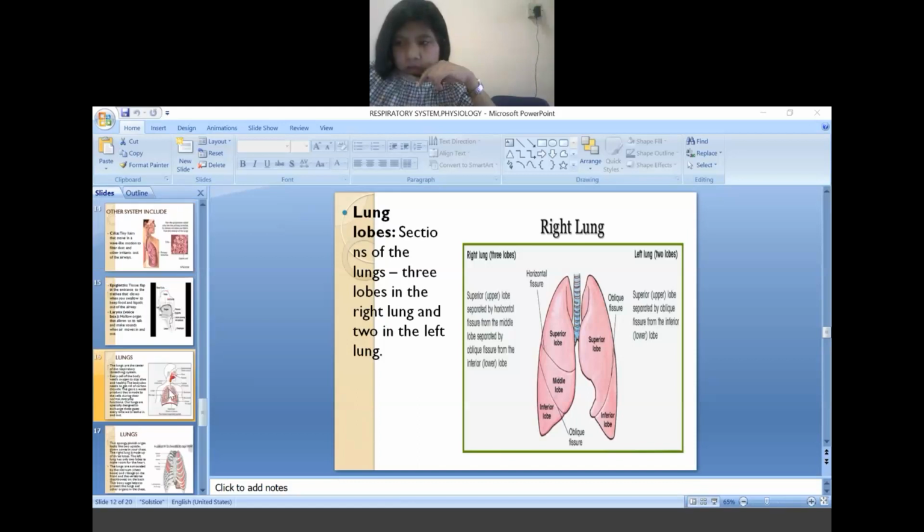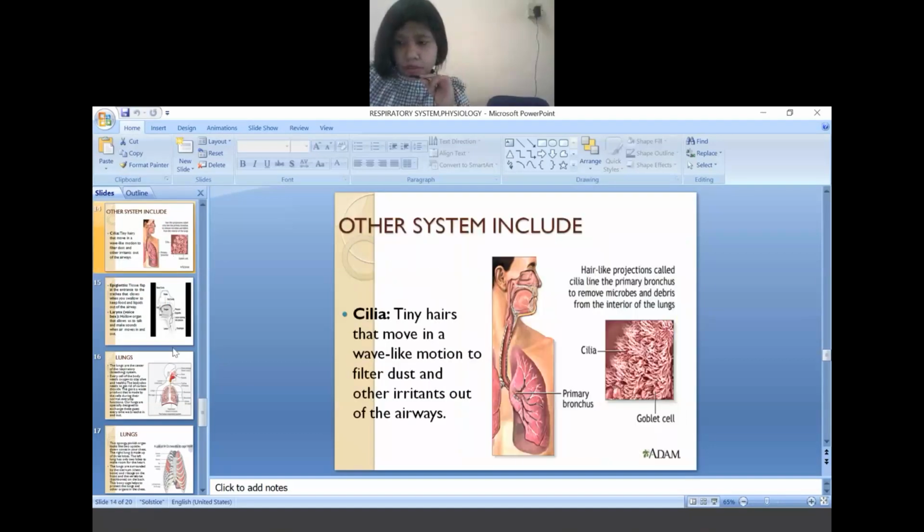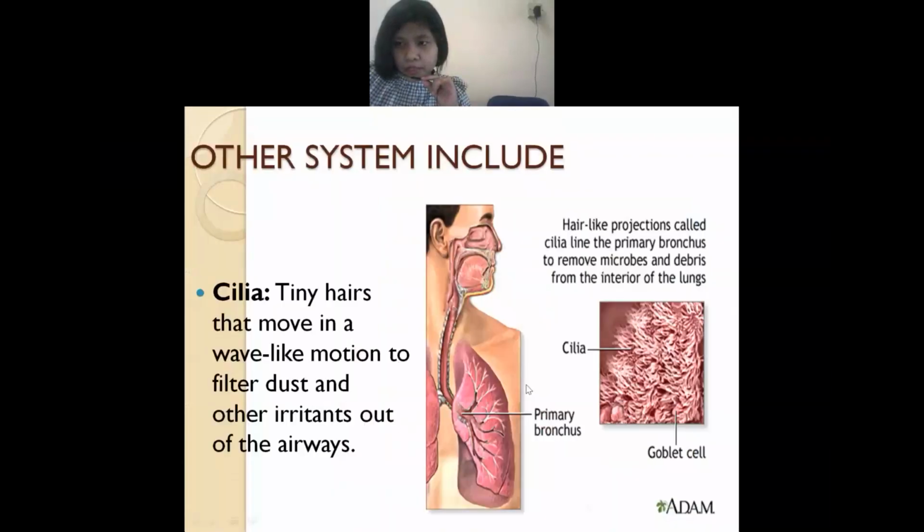Wait, let me just show you. Can you see this, Bubbly? Yes. So this one is the bronchioles. At the end portion, you will find tiny, small sacs.